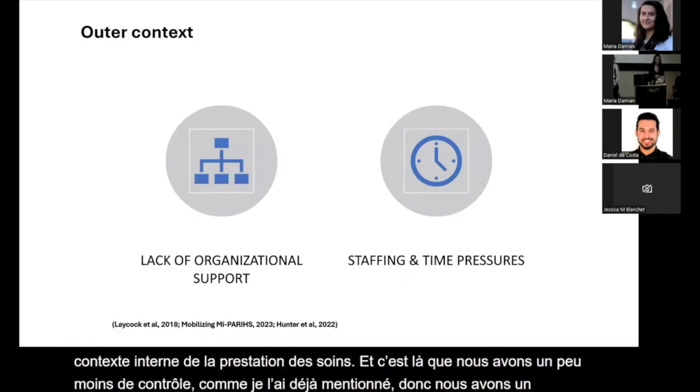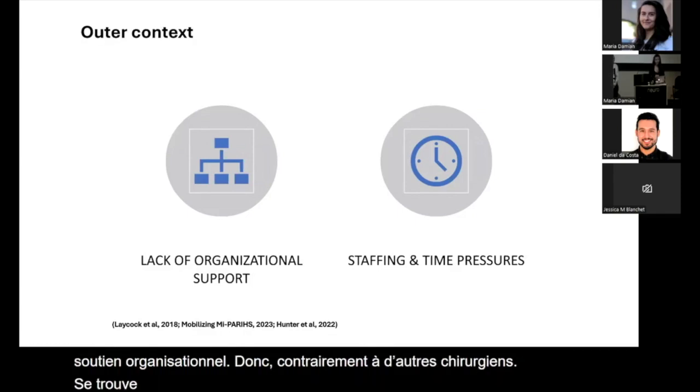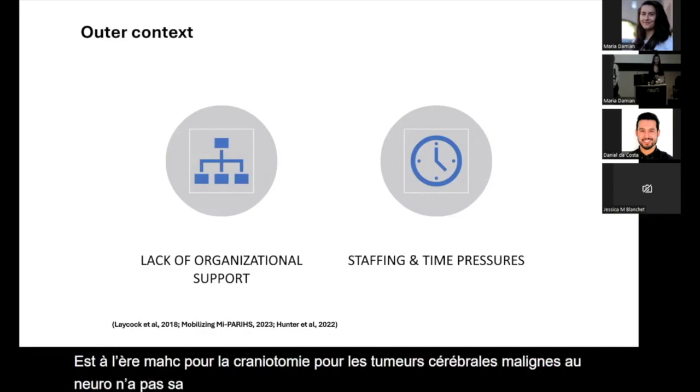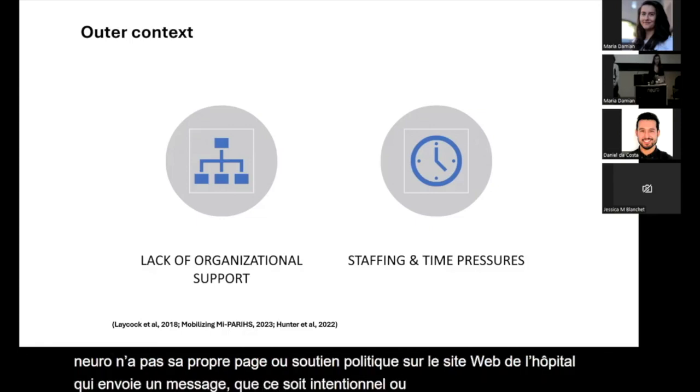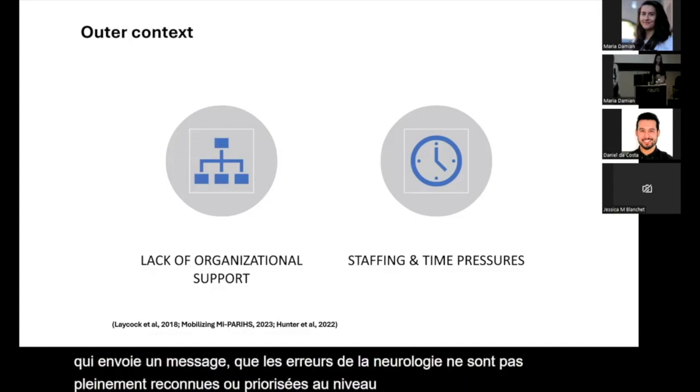Unlike other surgical specialties at the MUHC, ERAS for craniotomy for malignant brain tumors at the Neuro doesn't have its own page or policy support on the hospital website. It sends a message, whether it's intentional or not, that ERAS at the Neuro isn't fully recognized or prioritized at the organizational level for our patient population.